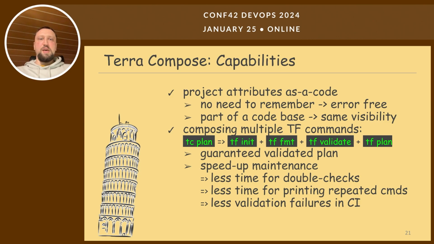Also, chaining Terraform commands provides us a guaranteed validated plan, and it will speed up maintenance and development because it requires less time for double-checking and for typing repeated commands. In the end, it means fewer validation failures on CI when you push your code, because it shifts validations left and requires you to do all checks locally first.